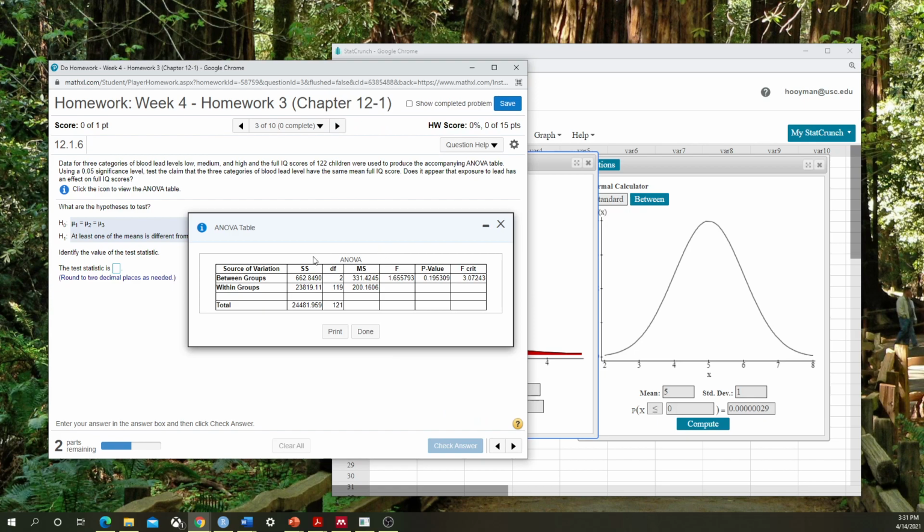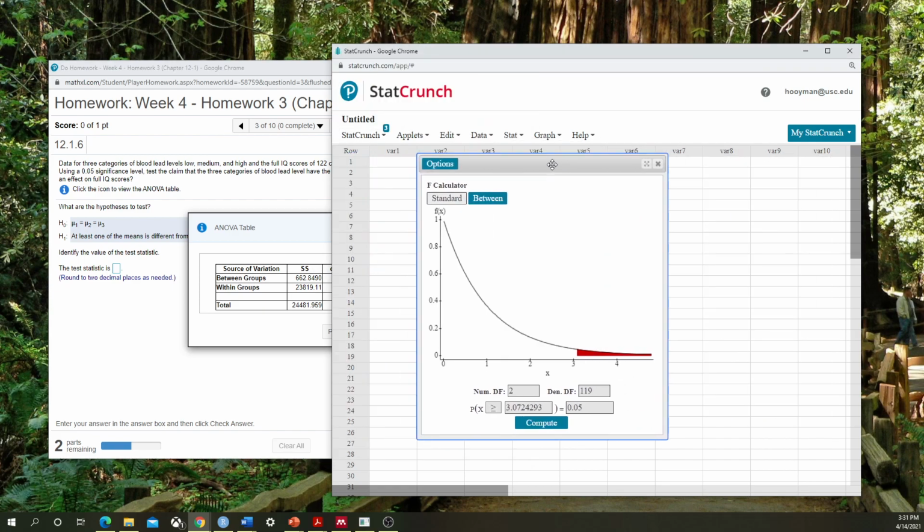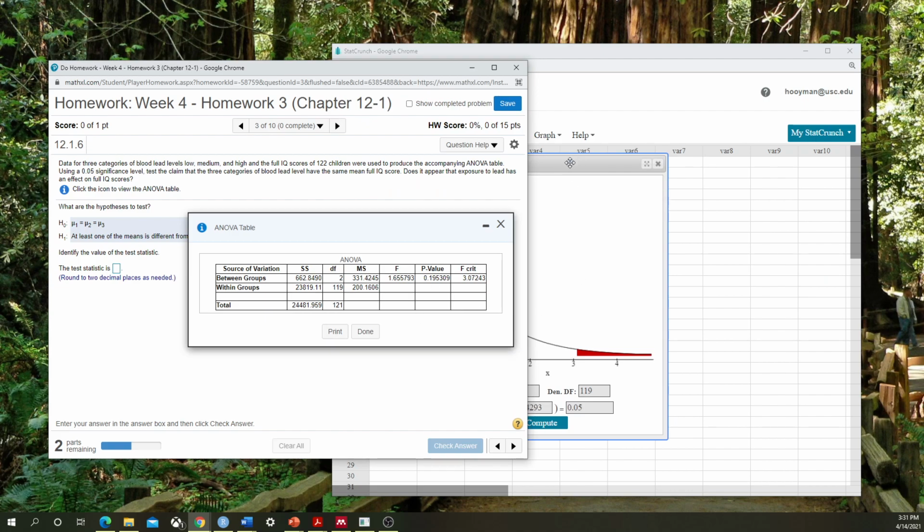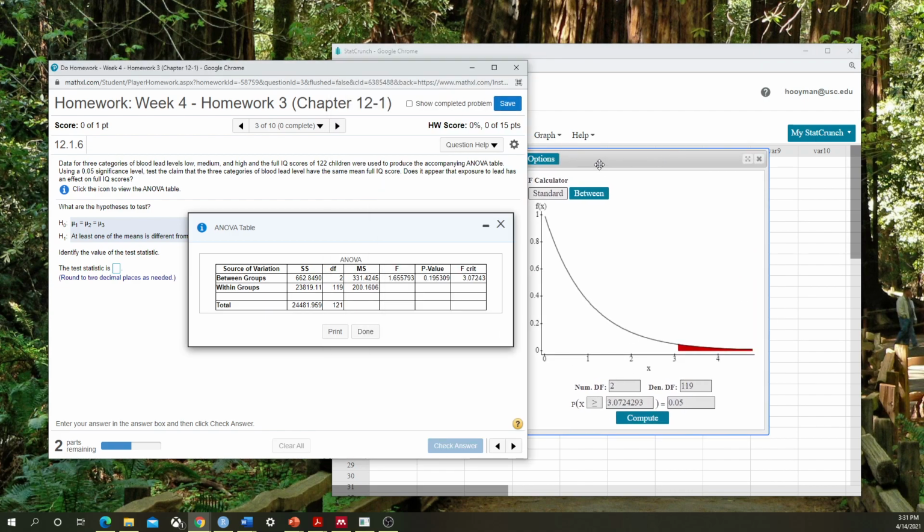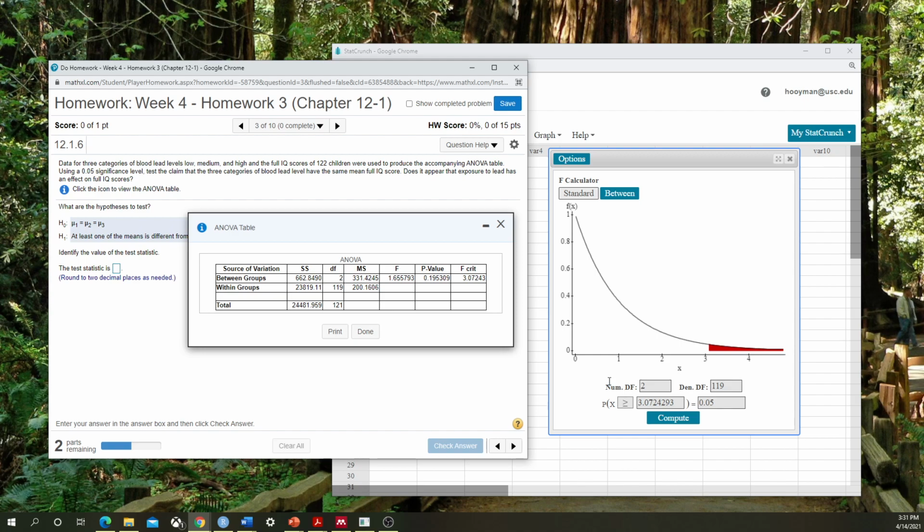Hope that wasn't too confusing, but essentially you can now draw a comparison between what this table is talking about here and how it actually looks in terms of area under the curve, okay? So that's a little something to show you the uniqueness of this test compared to other tests. So back to the homework.